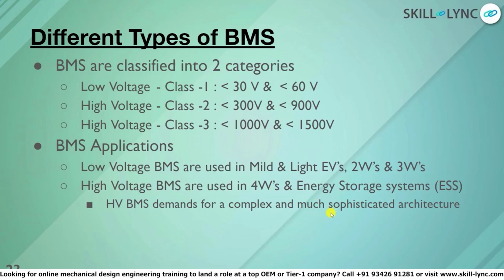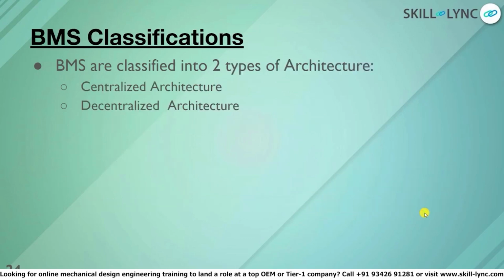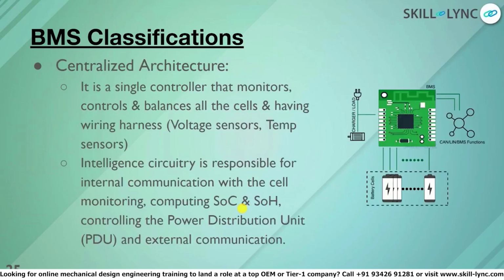The BMS classifications are basically into two types: centralized architecture and decentralized architecture. Now let us talk a little bit more on these architectures, starting with centralized architecture. When we say a centralized architecture, it is basically simple, and it is mostly used for low voltage battery pack applications, where the same BMS board houses all the electronic circuits.